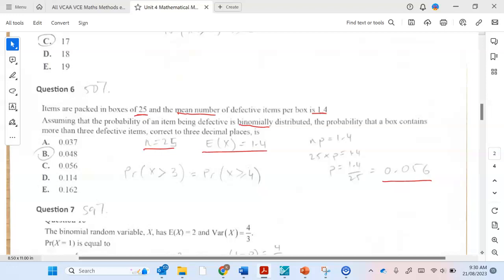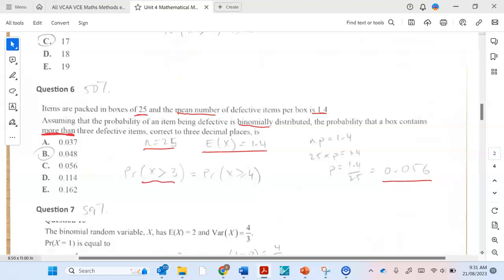Let's read the next part. Assuming that the probability of an item being defective is binomially distributed, that also means it's independent. The probability that a box contains more than, so that wording is extremely important for this question to get it correct. More than 3 defective items, correct to 3 decimal places. More than does not include 3. I've written it out here.